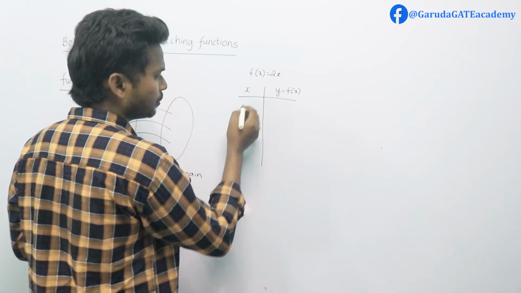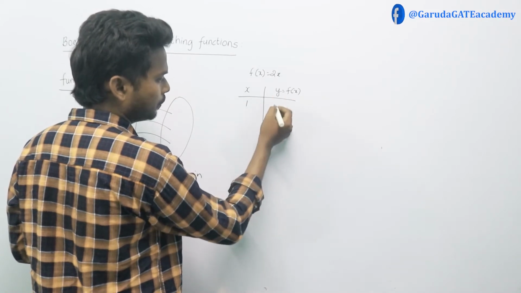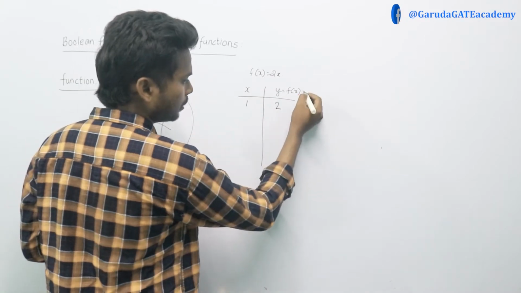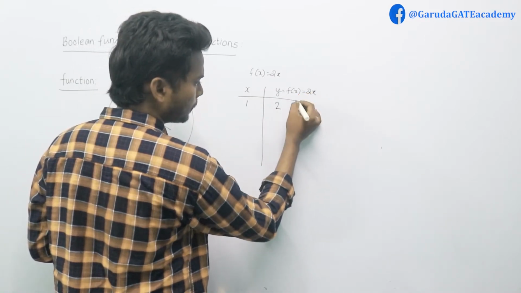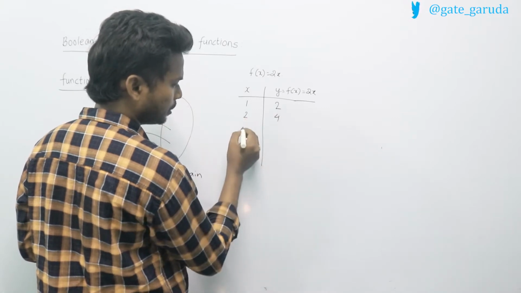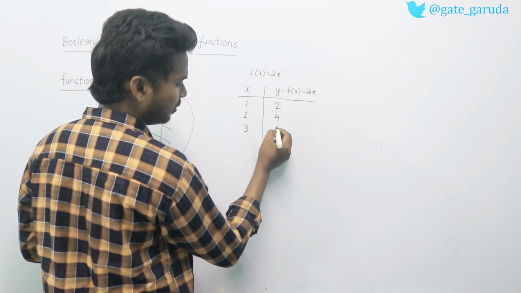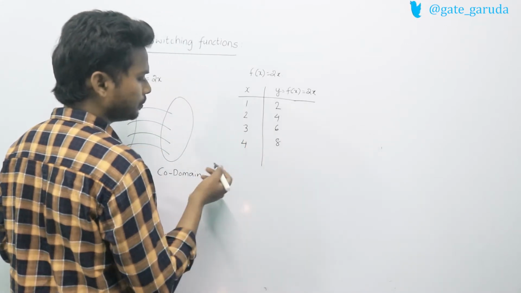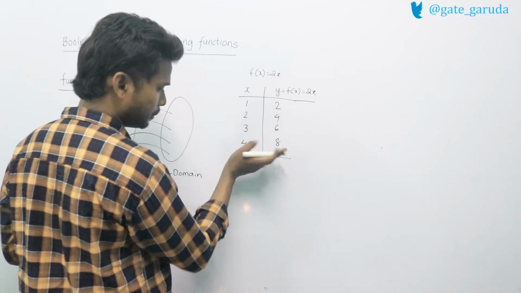So if x is 1, y will be 2 because f of x is equal to 2x. If x is 2, y will be 4. If x is 3, y will be 6. If it is 4, then it will be 8. Let us stick to these values.